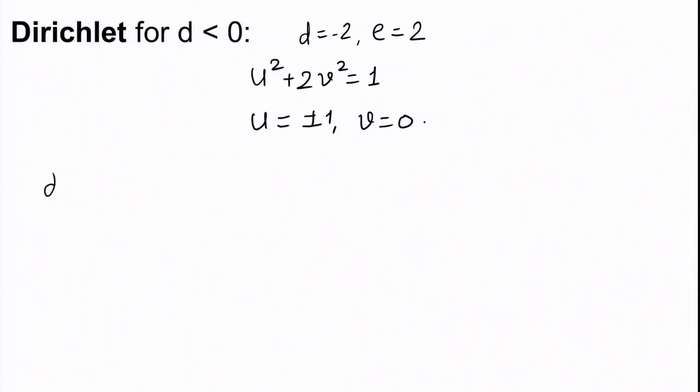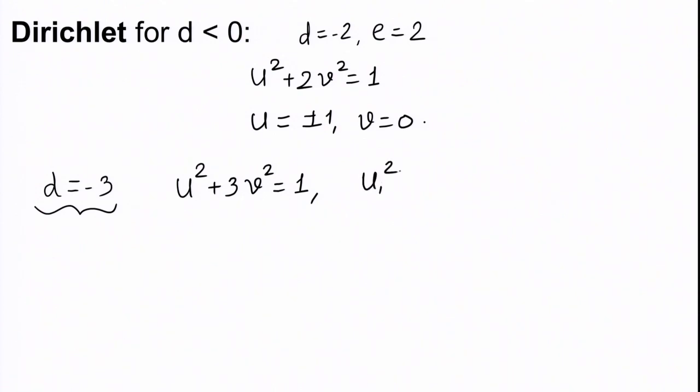Now we come to an interesting situation where D is minus 3. Now this is congruent to 1 modulo 4. So your U and V can be integers or they can be halves of integers. So when we are looking at solutions to U square plus 3V square equal to 1, we write U as U1 by 2, V as V1 by 2 and take the 4 to the other side.